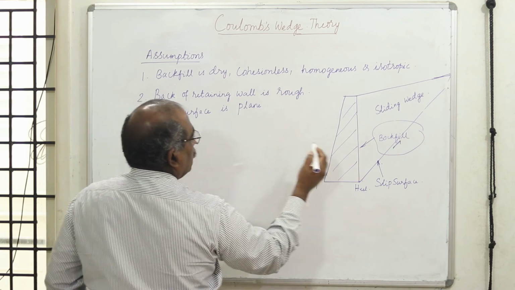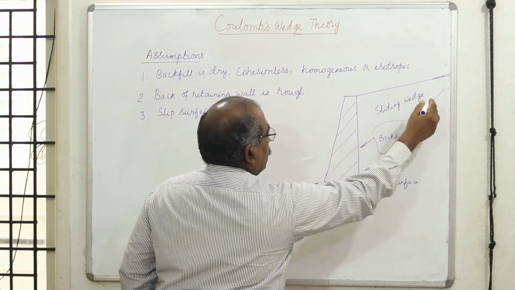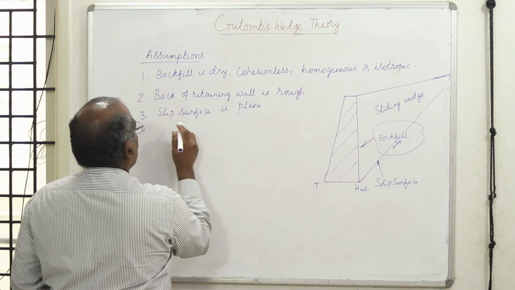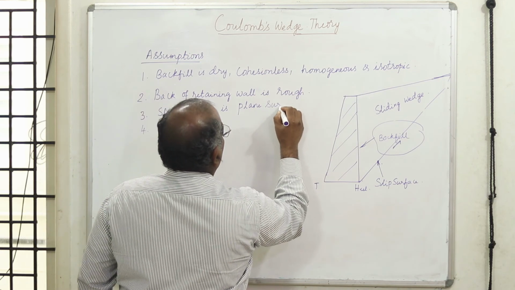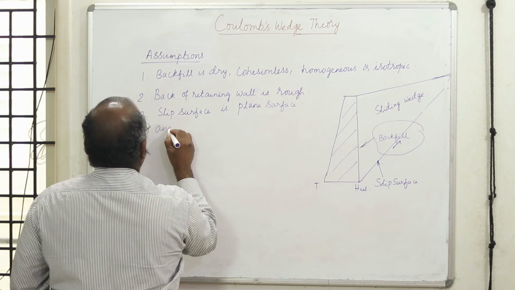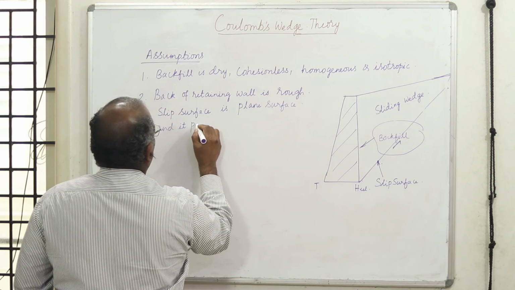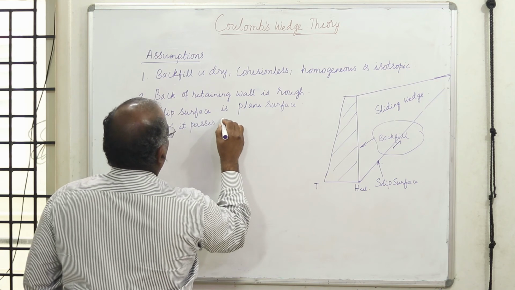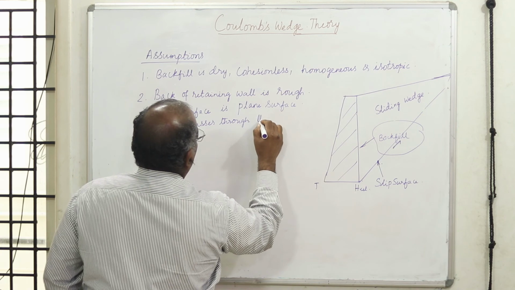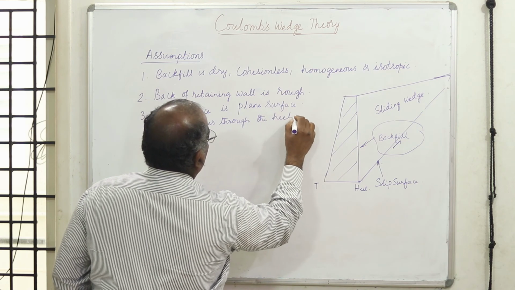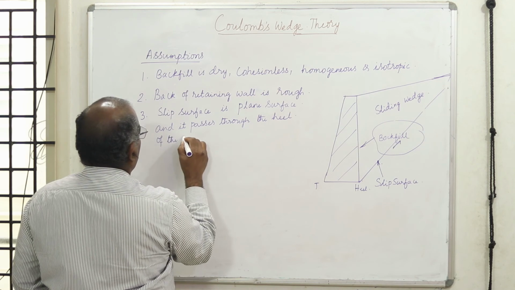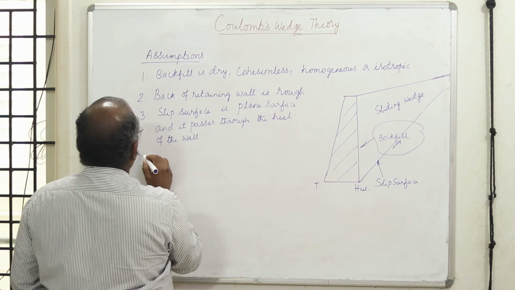The surface is a plane surface, it is not curved, and it passes through the heel of the retaining structure, the heel of the wall. This is a basic assumption.